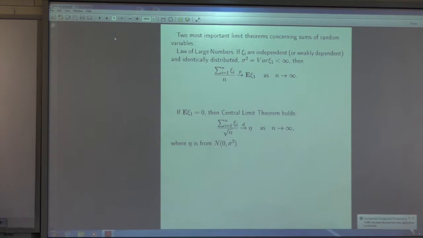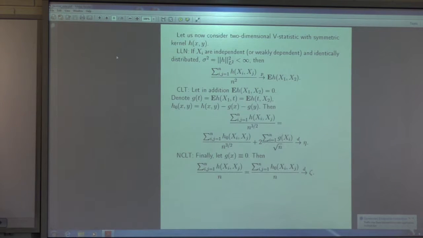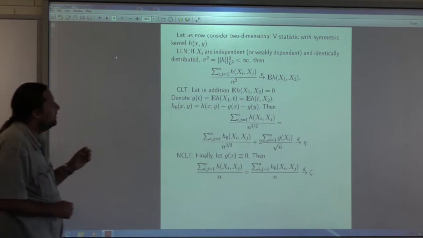When we, for example, consider two-dimensional statistics instead of sums of random variables, quite similar results hold.